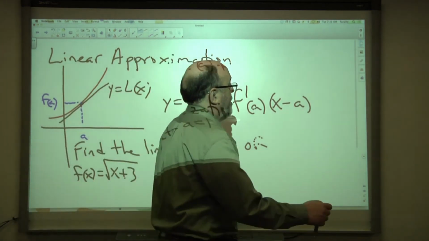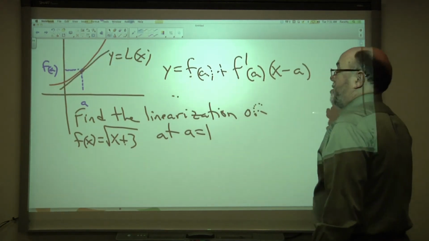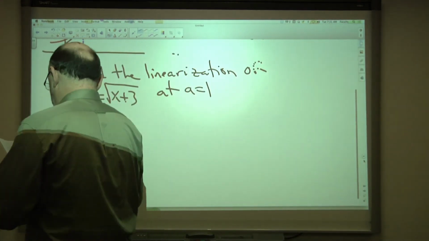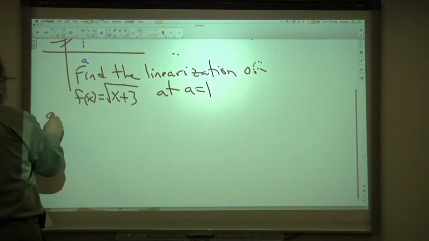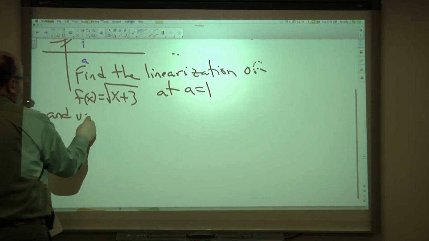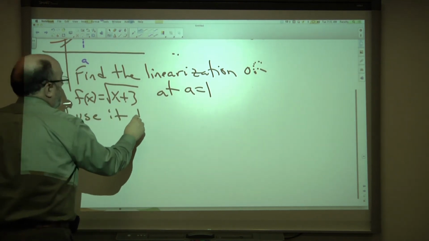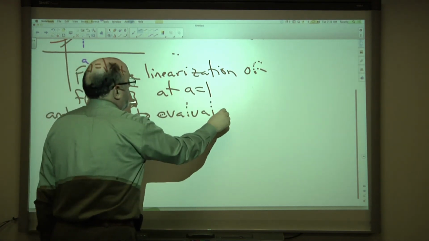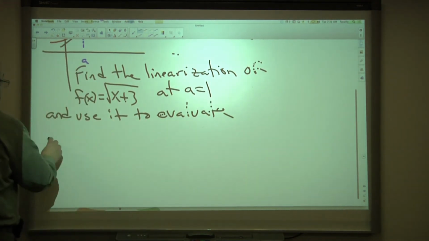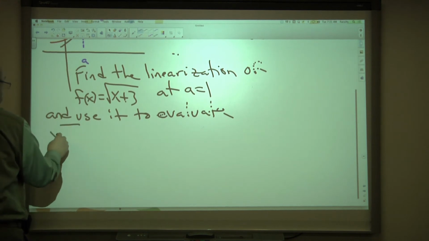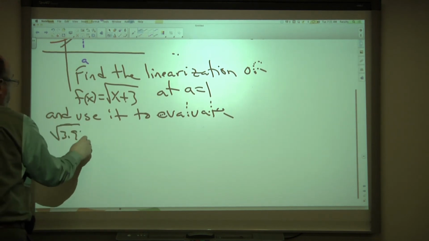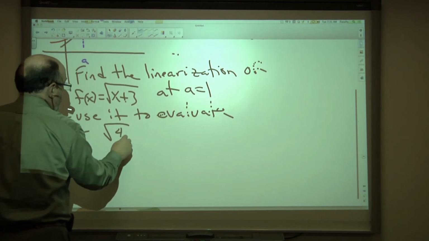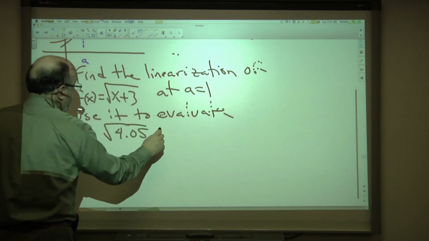Okay. And then use that approximation and use it to evaluate the square root of 3.98 and the square root of 4.05. Right?